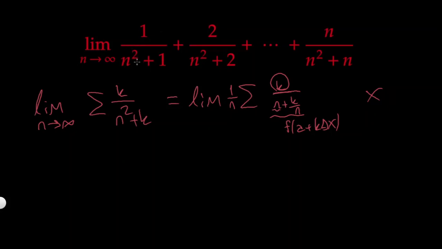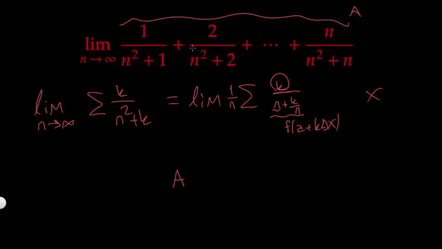So how can I do it? Of course, squeeze. Let's call this whole thing a. I want to find upper and lower bounds which are going to converge to 0. So I have my number a, and I have some terms where both numerators and denominators are changing. For example, I can compare this 1 over n squared plus 1 term with the rest of them.